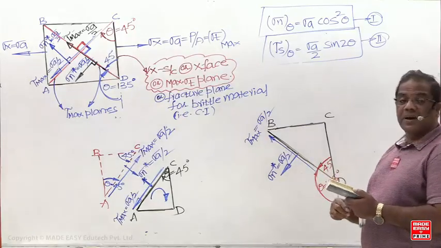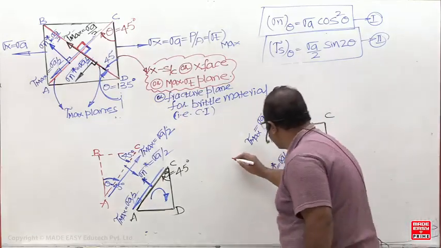Now can you draw the remaining part of the square? Where are you going to get the remaining part of the square?